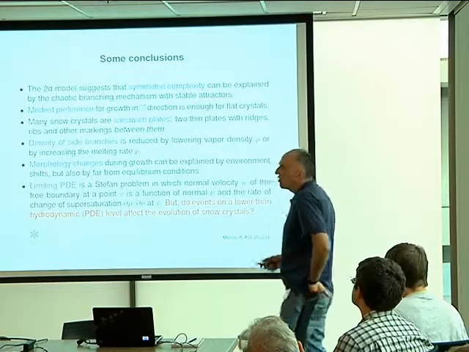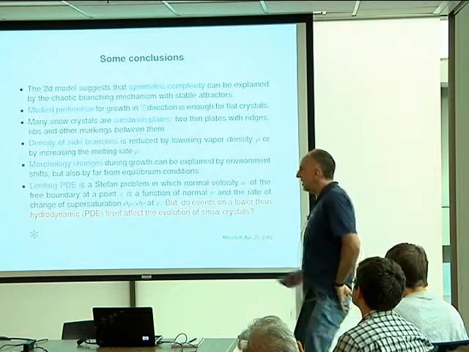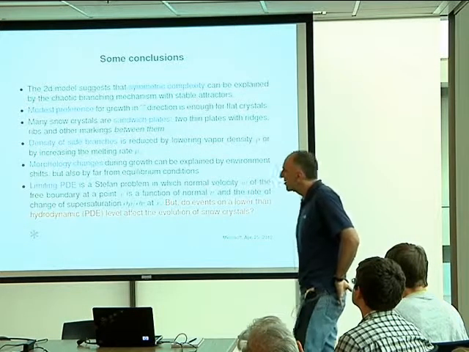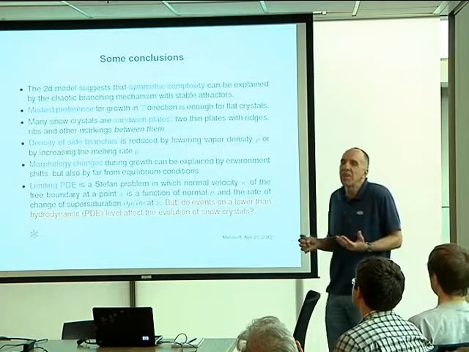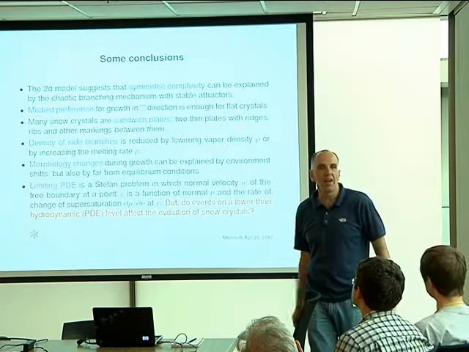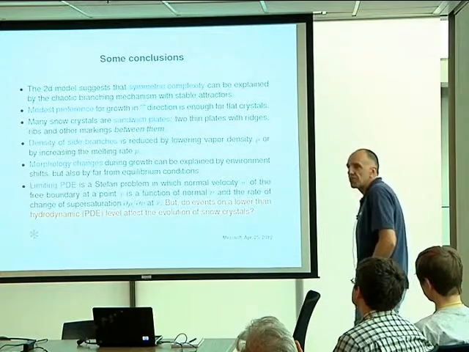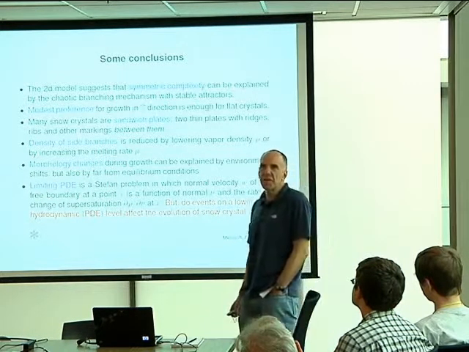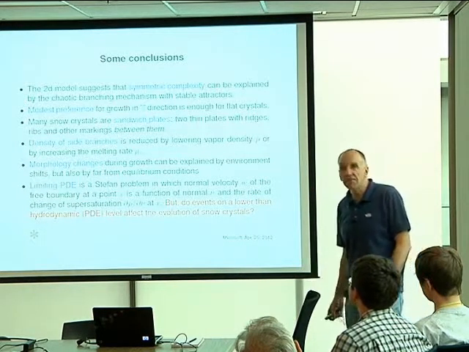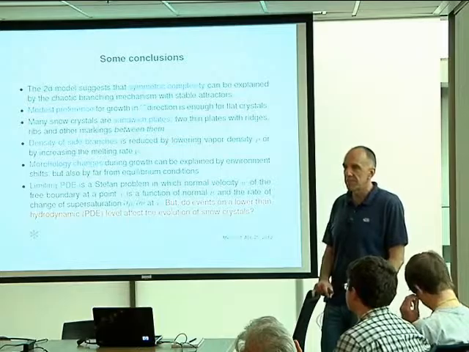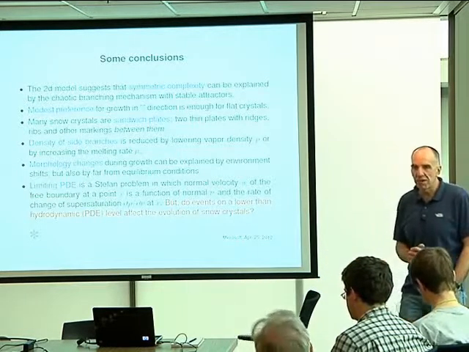Yes, so morphology changes. As Descartes said in the quote I had at the beginning of the talk, snowflakes are probably so diverse because they move around a lot. That's almost certainly not true, at least if you accept the diffusion picture. Because diffusion is a slow process, a square root of t process.